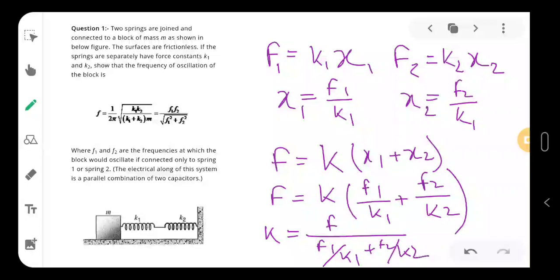Now you see one thing, because I have taken different x's here, that means the displacements are different. So these two terms can be completely different, so there is no way to compare or combine them. So I am thinking of some displacement for which the forces will be the same here.